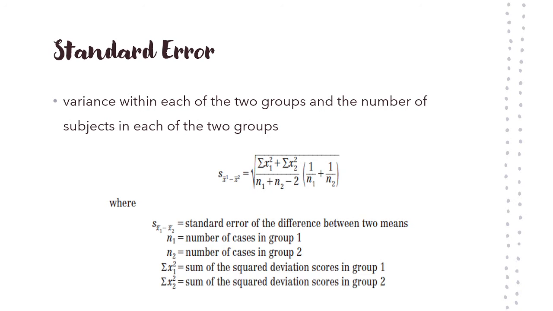It is the square root of the summation of the square of x first data, plus the summation of the square of the second data, or x sub 2, divided by the number of items in the first group plus the number of items in the second group minus 2, then multiplied by 1 over n, the number of items in the first group, plus 1 over the number of items of the second group.